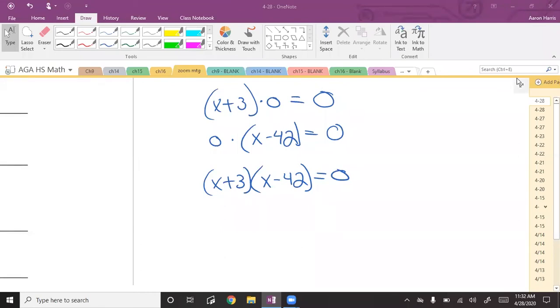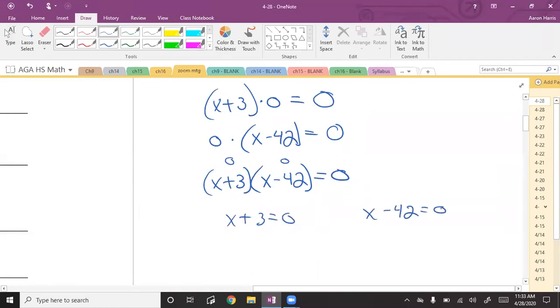So (x + 3)(x - 42) = 0. That means all I need is for one of these to be 0, and the other one has to be 0. So I'll be good. So x + 3 = 0 and x - 42 = 0. I'm just setting each equal to the 0 over here.